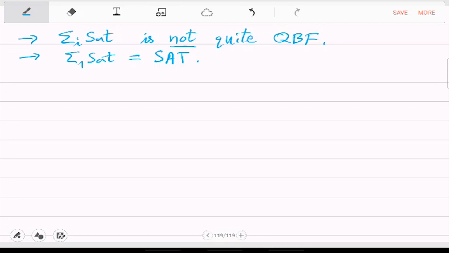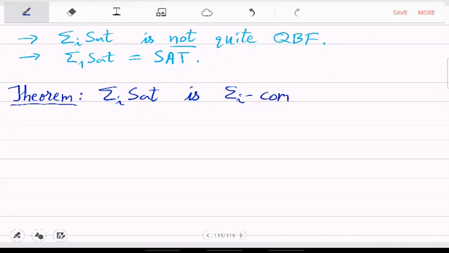And our theorem is that sigma I SAT is sigma I complete. Okay, just like sigma 1 SAT is sigma 1 complete, so SAT is NP complete.